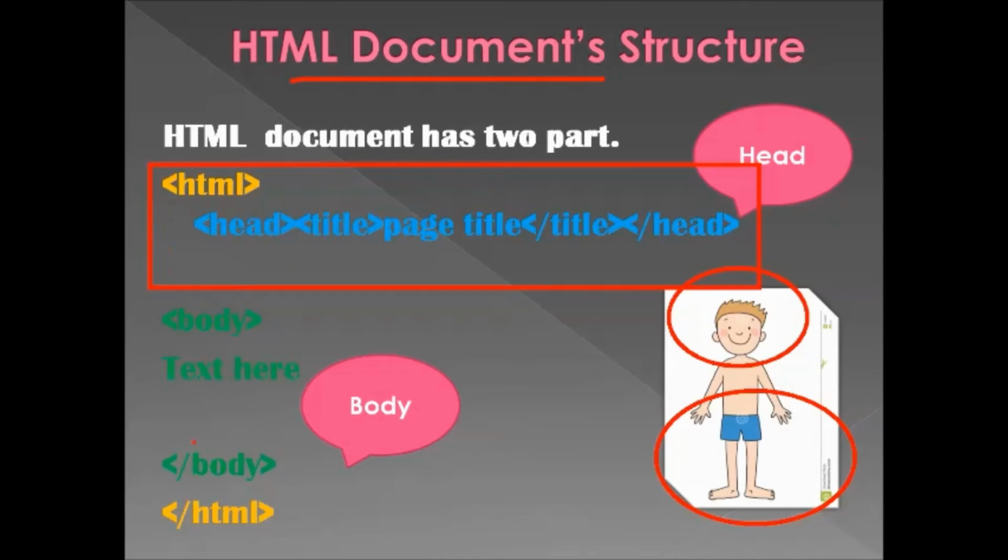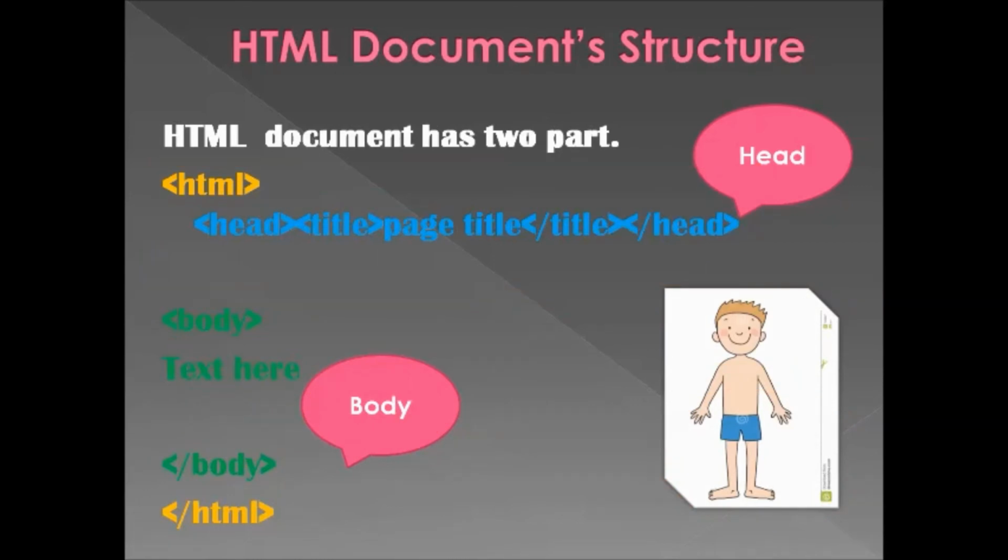This is the HTML program that we always write when we develop a web page. And this bottom part is called the body tag. Inside this body tag, we write what type of web page we want to design. So again, an HTML document has two parts, a head part and a body part. So let's move to the next point.